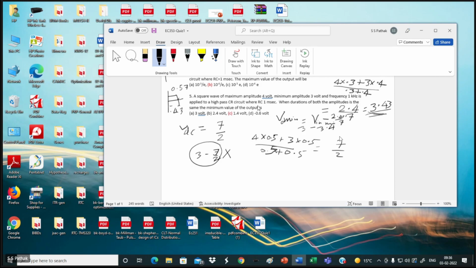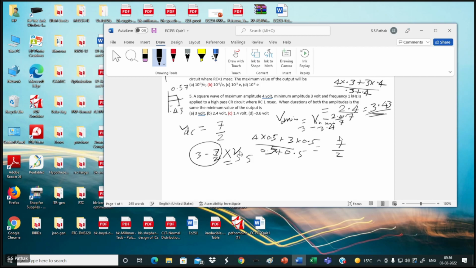It's not a total DC blocking. Here I'm asking about the CR circuit transient response in this question. It is implied when I ask for the minimum. If we go for the steady state response, it will be 3 minus 7 by 2. Yes, a steady state response will be 3 minus 7 by 2.